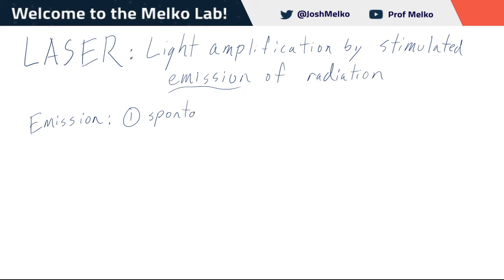This is so far the one we have talked about in the previous lectures. So we can have spontaneous emission. This is going to be exactly like it sounds, spontaneous and random, and really depends on the lifetime of the excited state.